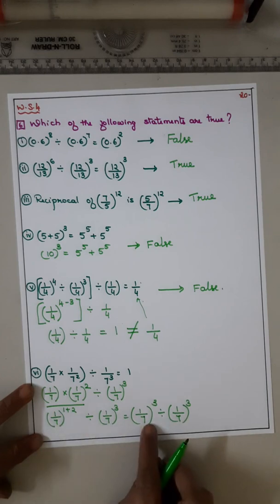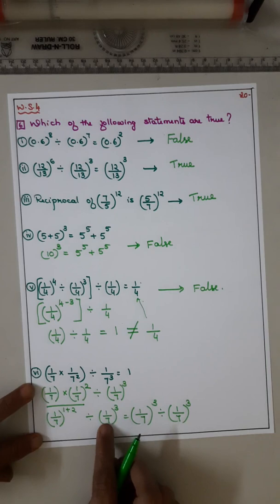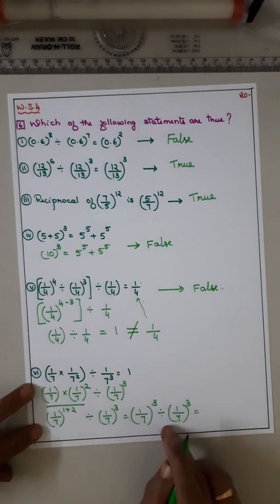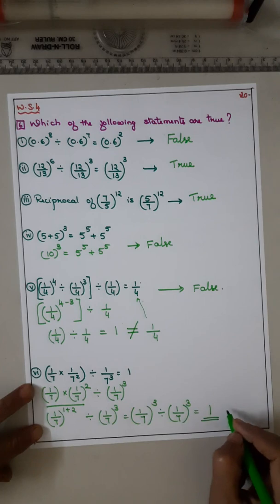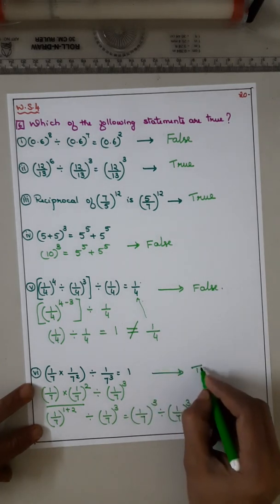The answer is 1 by 7 the whole power 3 divided by 1 by 7 the whole power 3. Both are same, divide means the answer is 1. So RHS is also 1. So is it true? Yes.